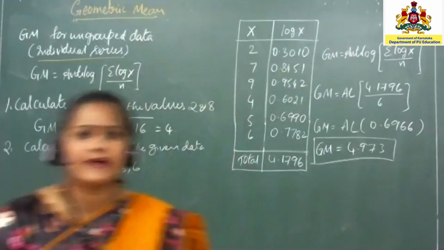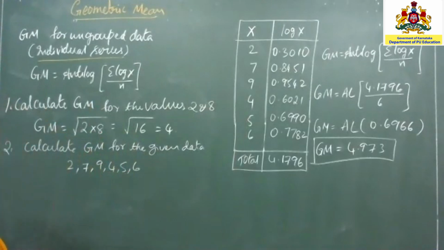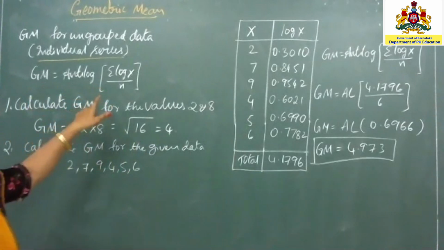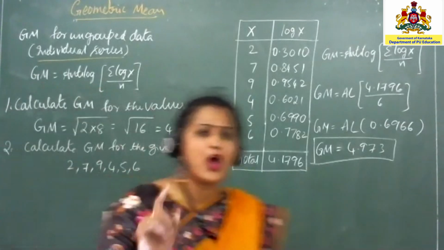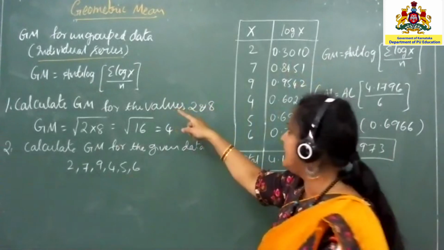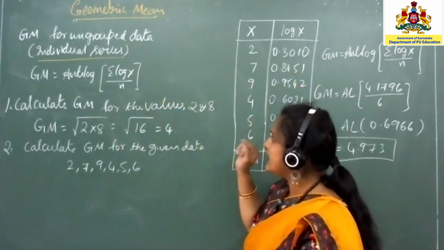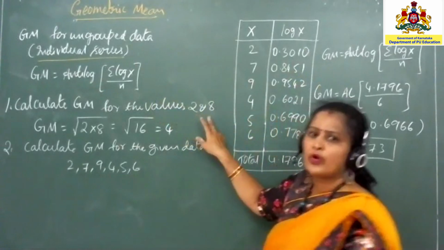Now we have the problems on the individual series. The geometric mean formula is anti-log of summation log x by n. Calculate the geometric mean for the values 2 and 8.